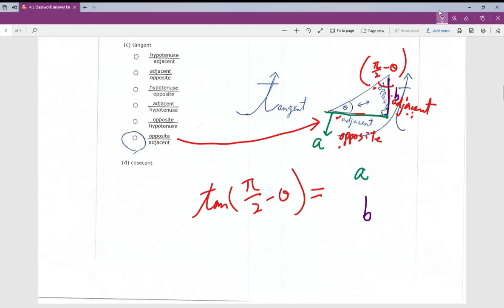And then we divide A over B. Now you may also ask, what if the reference angle is theta? What happens? Wow, if the reference angle is theta, we cannot use the same tangent.